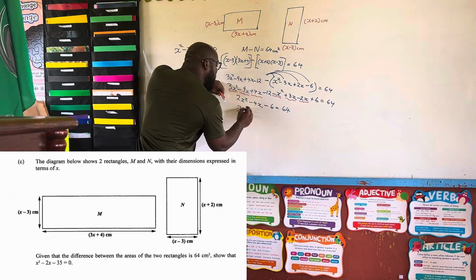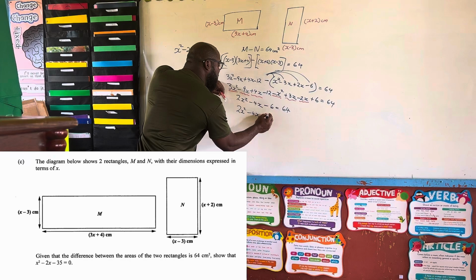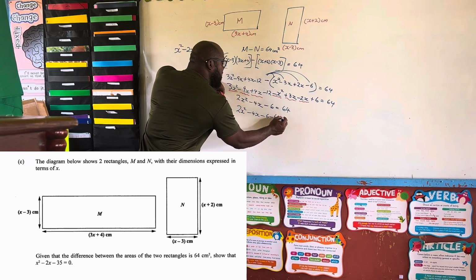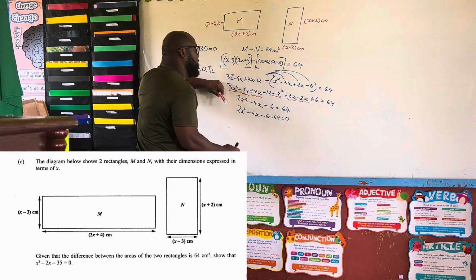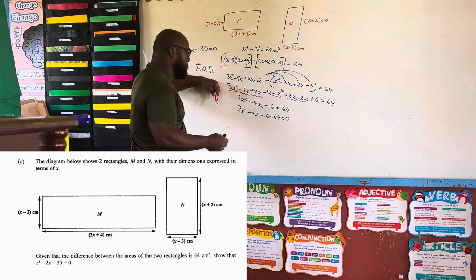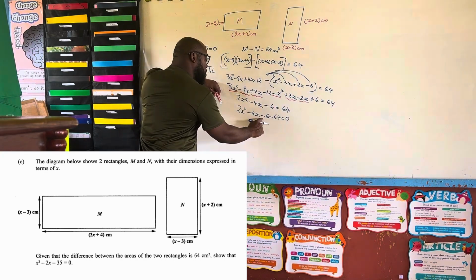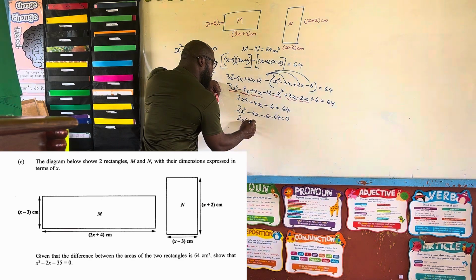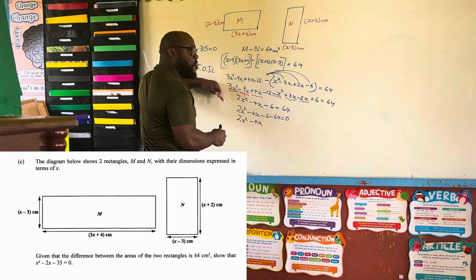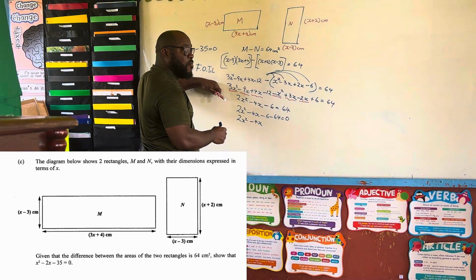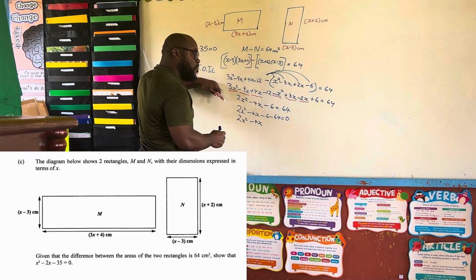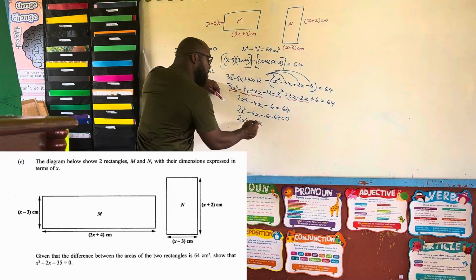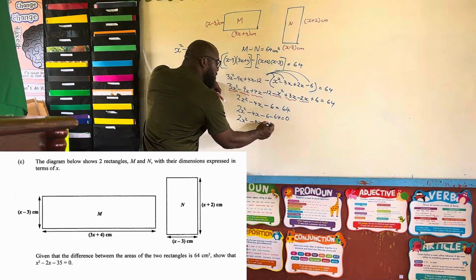So 2x squared minus 4x minus 6 minus 64 equals, what does this give you? Negative.